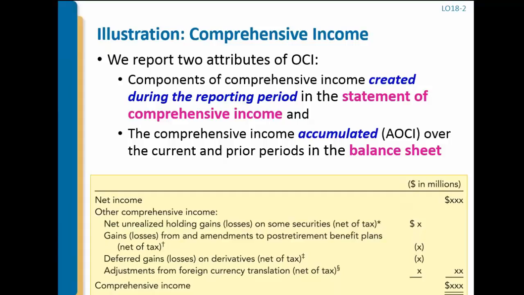The point is that those items are staying in other comprehensive income as opposed to otherwise.